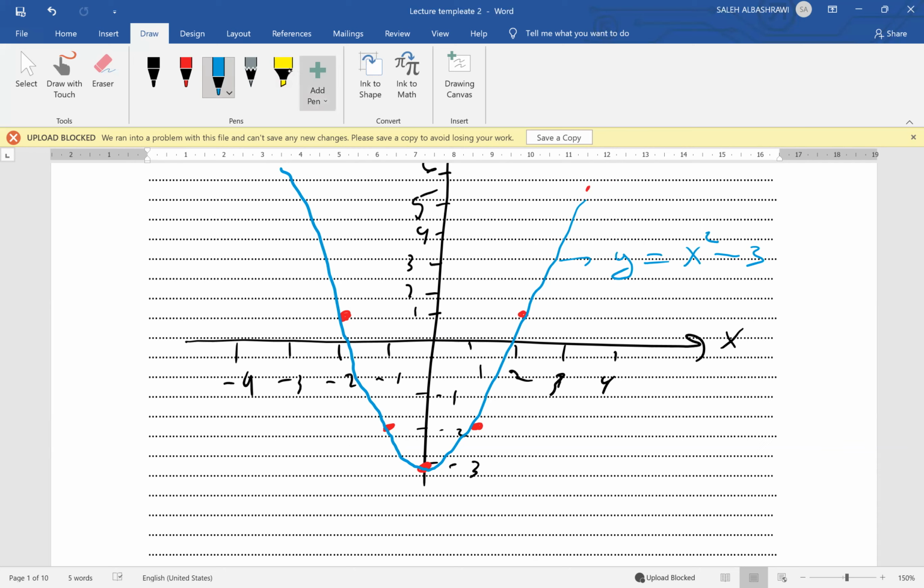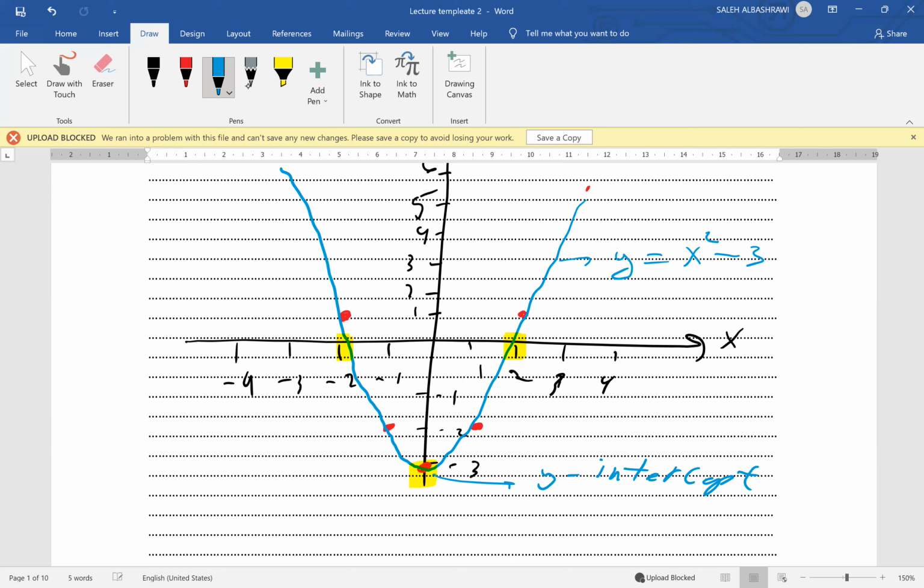Later on, we are going to speak about something. We call it X-intercept. It is the point where the graph intersects the x-axis, and where it intersects the y-axis, we call it y-intercept. So this one, later on we are going to speak about it, y-intercept.